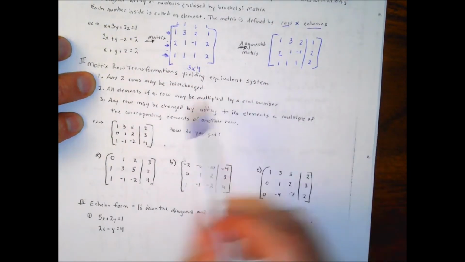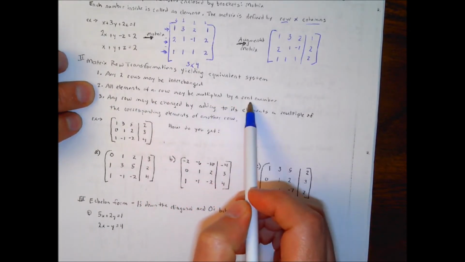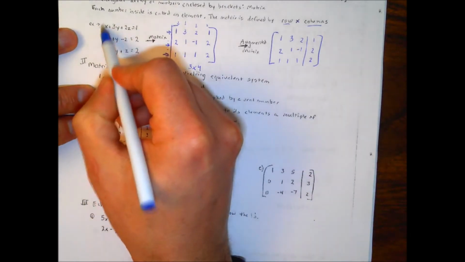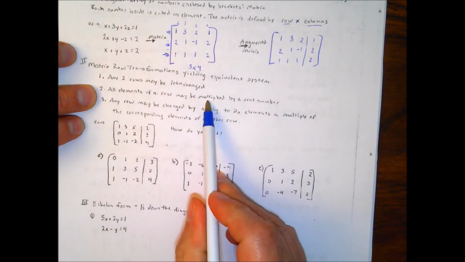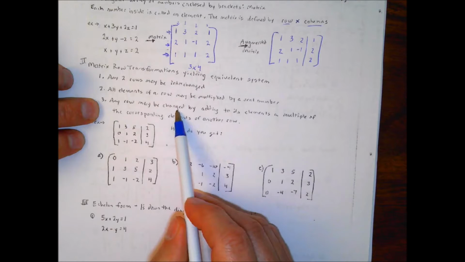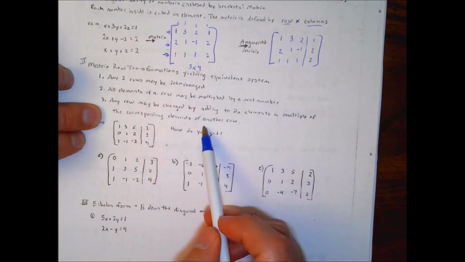We can also multiply all elements of a row by a real number. If you think about solving these equations, it's okay if I multiply every number by 2. Also, any row may be changed by adding to its elements a multiple of a corresponding row.